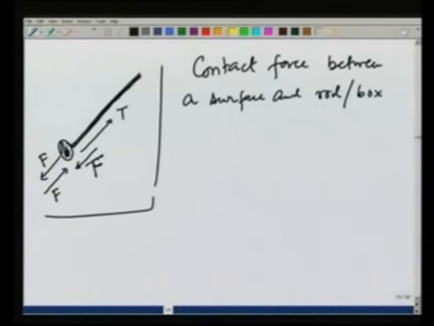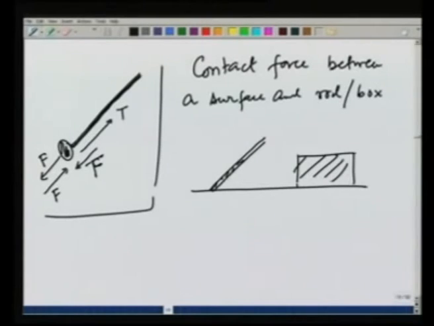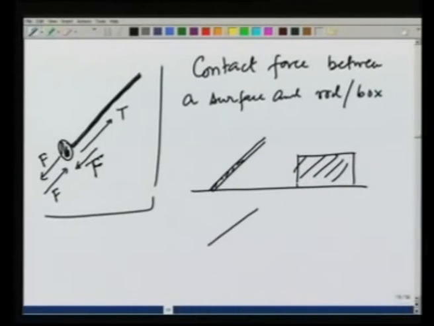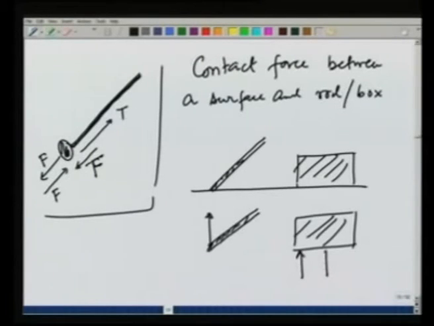So, for example, if there is a smooth surface and there is a rod here which is being pushed or whatever, and there is a box here, the only force a smooth surface can apply is perpendicular to itself, and therefore, it is capable of applying a force on this rod which is perpendicular to itself. Similarly, it is capable of applying a force on the box, may be distributed, may be at the same point, which is perpendicular to the surface.